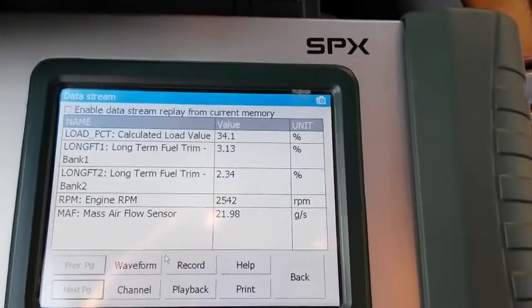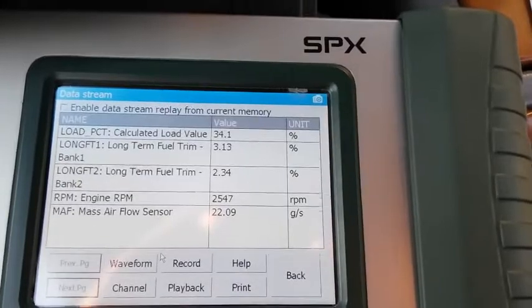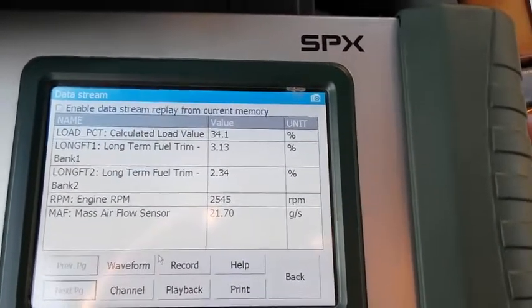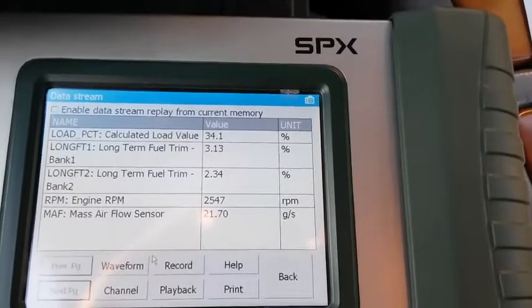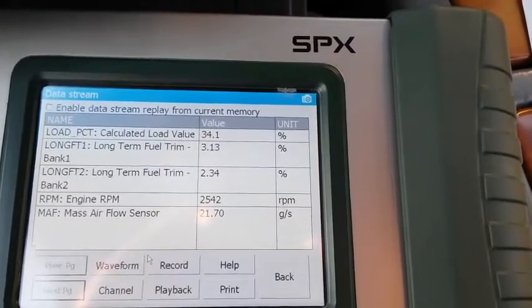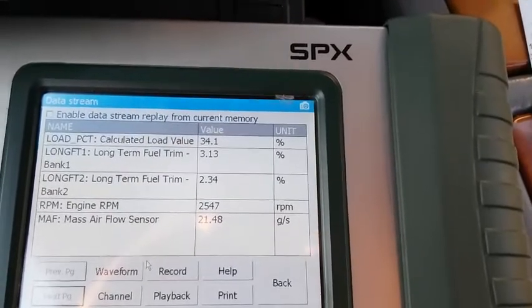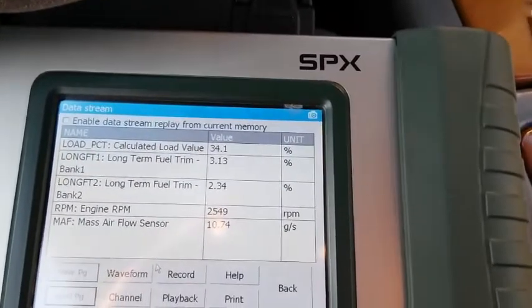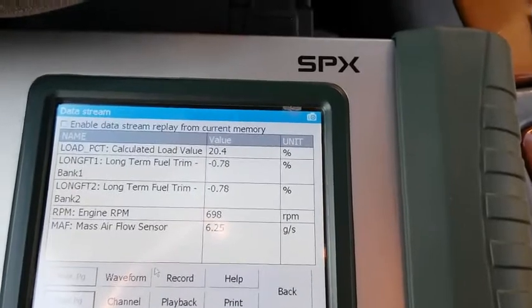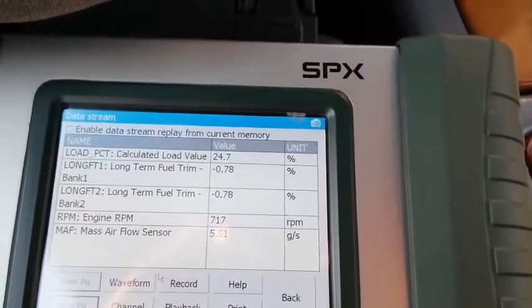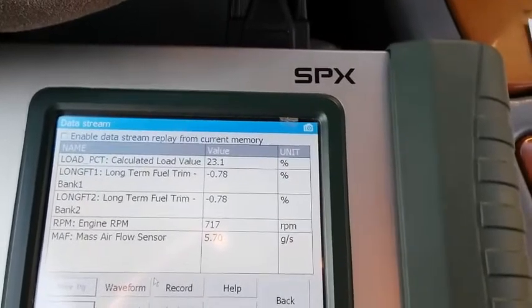I'm going to perform a visual inspection on the mass airflow sensor, because I still believe that the mass airflow sensor is contaminated somehow, but it's not really affecting it so much. But I did feel a slight hesitation. Even during a snap throttle, I do feel it. So I'm going to snap the throttle.